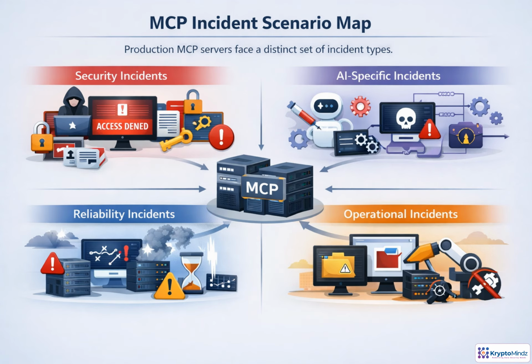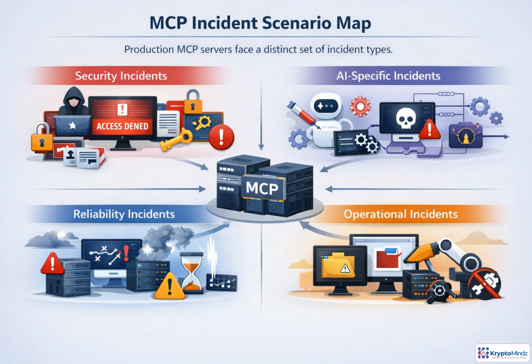MCP incidents often fall into 4 overlapping failure domains. Security incidents involve access, unauthorized tool execution, token misuse, scope bypass, or tenant leakage. AI-specific incidents come from model behavior, such as prompt injection, malicious tool instructions, or unsafe automated workflows.